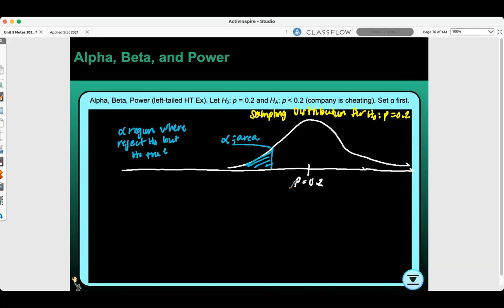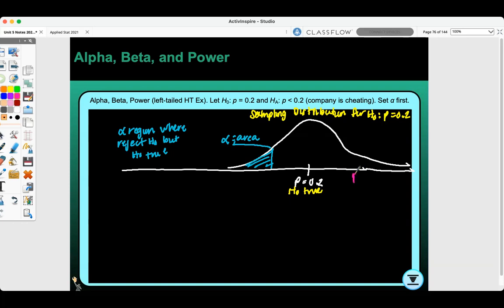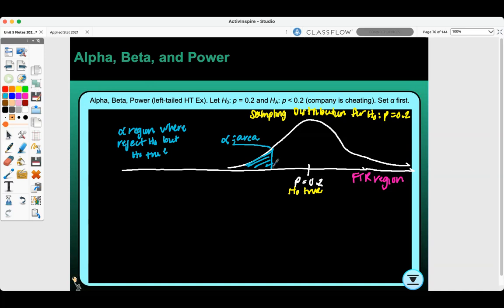So P equals 0.2 and H0 is true. This region, not highlighted, would be our fail to reject region. Our rejection region, which is our alpha, so don't forget that our alpha is our rejection region, does not move.